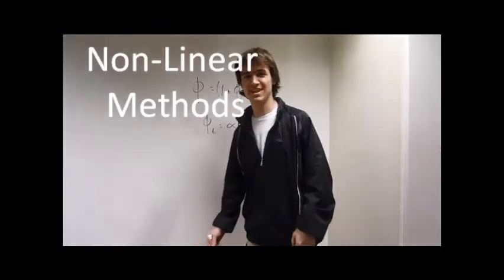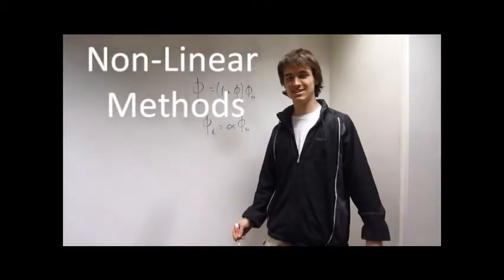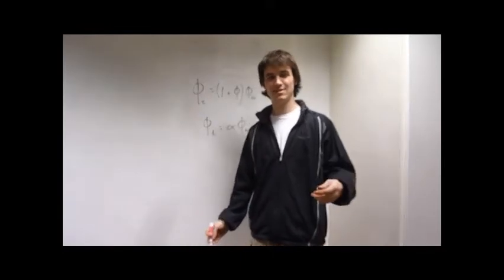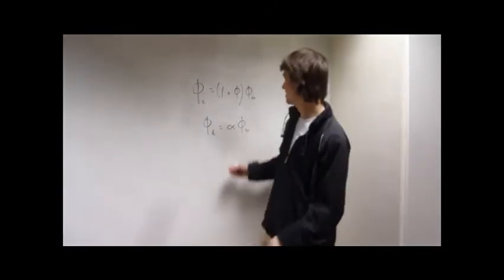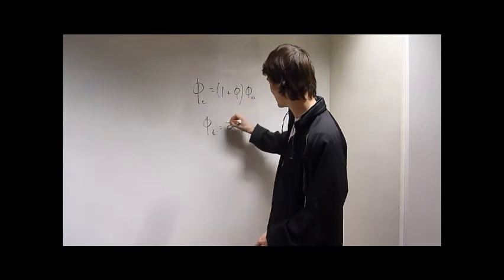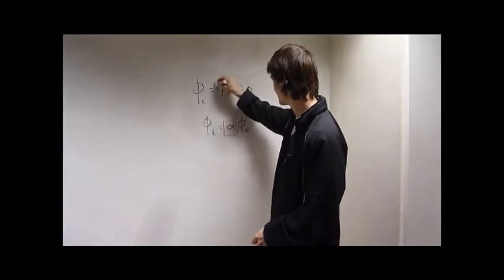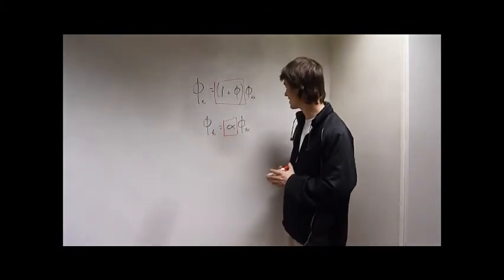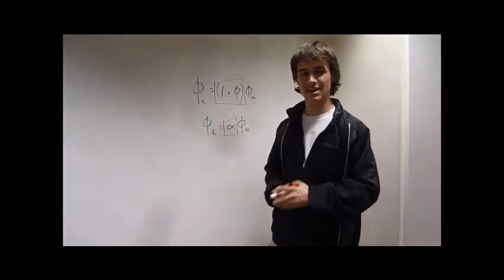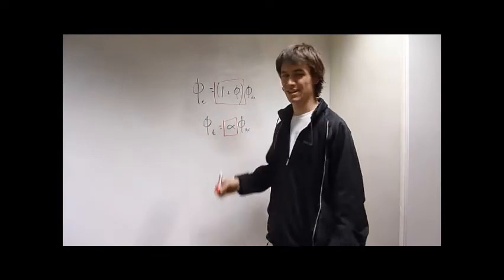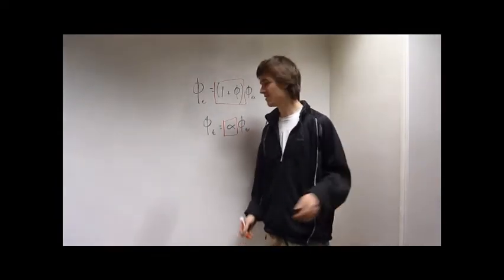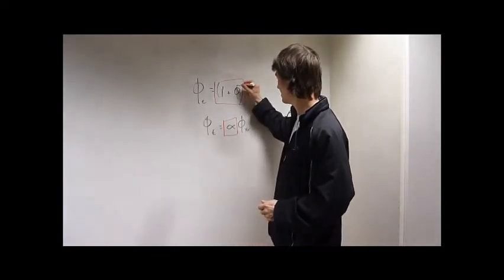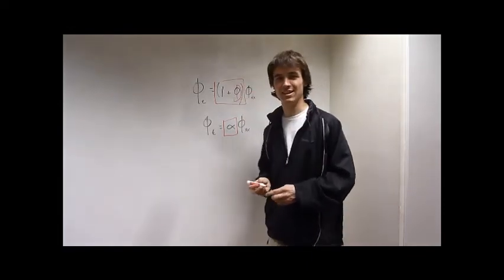To go from the linear case of the heat equation to the nonlinear, basically the only thing that's changing is our coefficient for the second derivative. This is the linear case, this is the nonlinear. And the way that we're going to deal with that, since this is an iterative method, is we know phi of the last step.